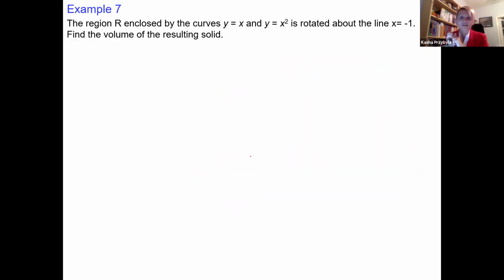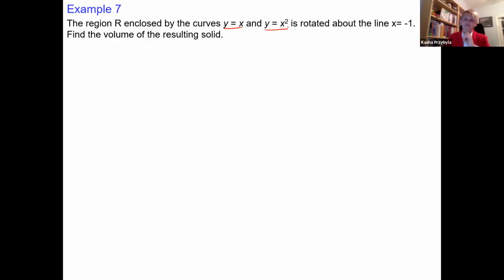Let's solve this one, and this will be the last question for tonight. We like these functions, the same functions, x and x squared, the region between, the nice loop, but now the rotation is about the line x equals -1. Do I have the picture?